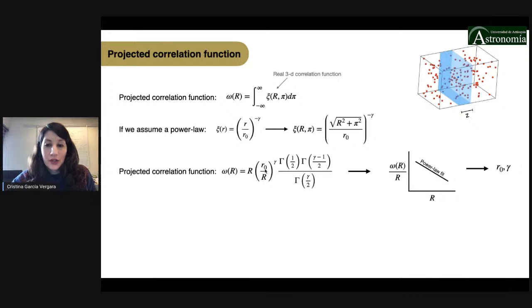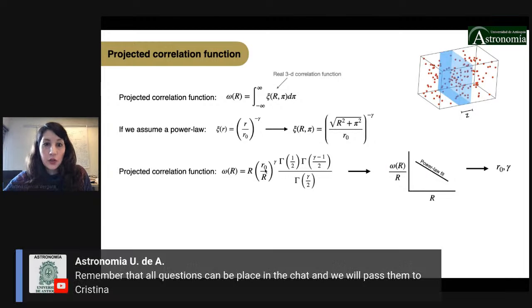When you have 3D information, you can directly measure r_0 and gamma. In this case, you are not assuming a redshift distribution as in the angular case, and you can just plot your measurements here, fit a power law, and obtain the r_0 and gamma parameters.